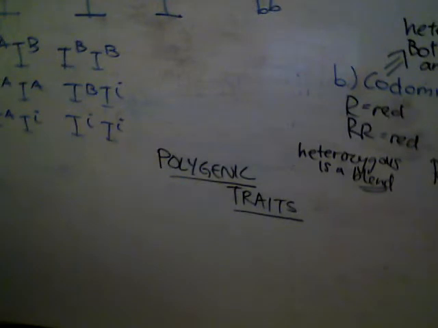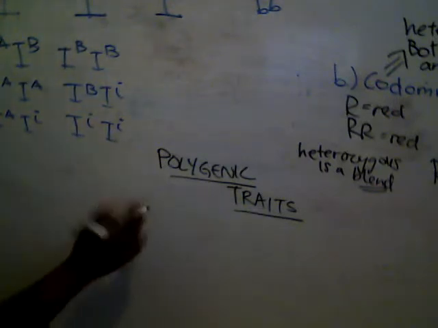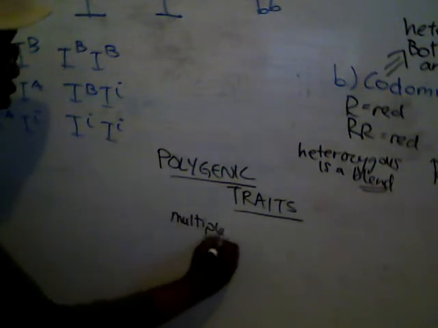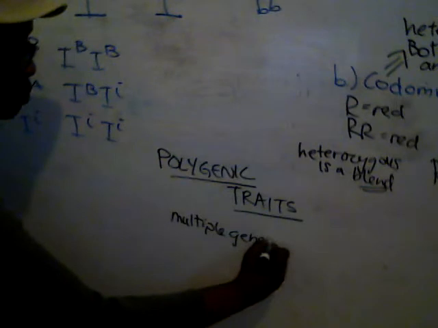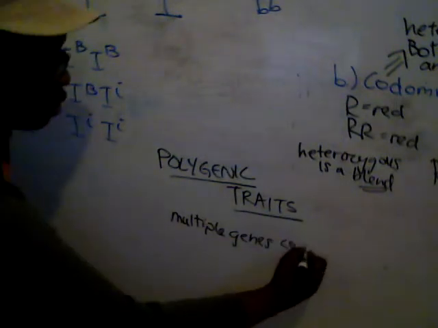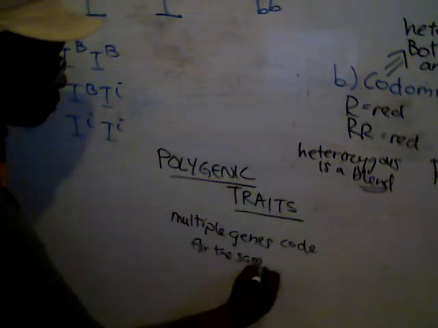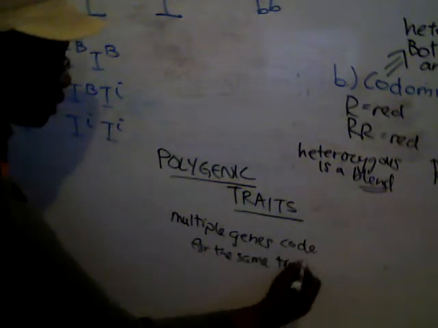There are different skin tones, different hair colors, different hair textures. It's not as cut and dry as black and white or red and white. But polygenic traits are where there are multiple genes or multiple sections of the DNA that code for the same trait.